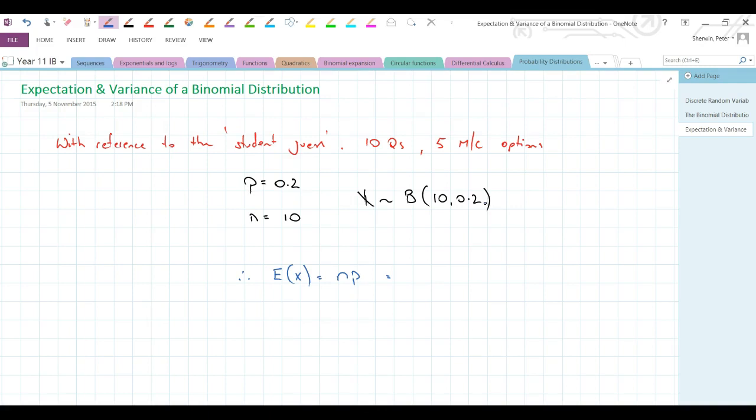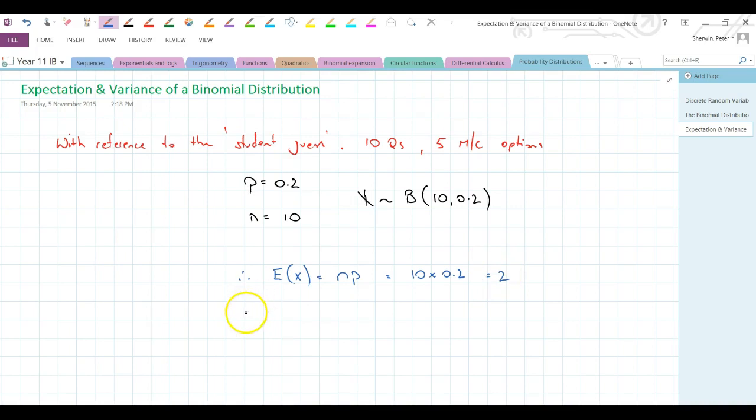Some are going to get lucky, some are going to get unlucky, but we would expect them to get 1 in 5 right. So if there are 10 questions, we'd expect them to get 2 right. And surely that's completely logical. So 10 times 0.2, which of course equals 2. So the expected number of successes in 10 trials when the probability of success is 1/5 would be 2.